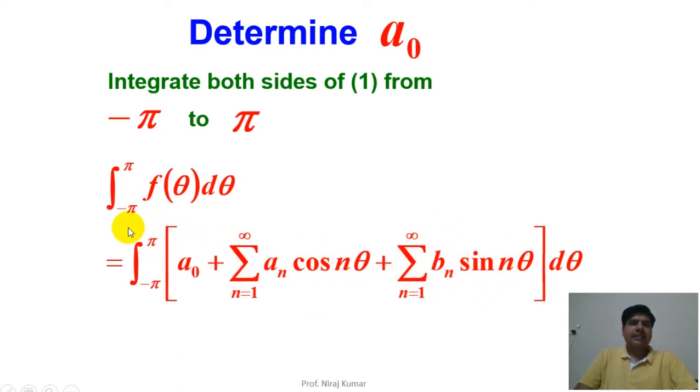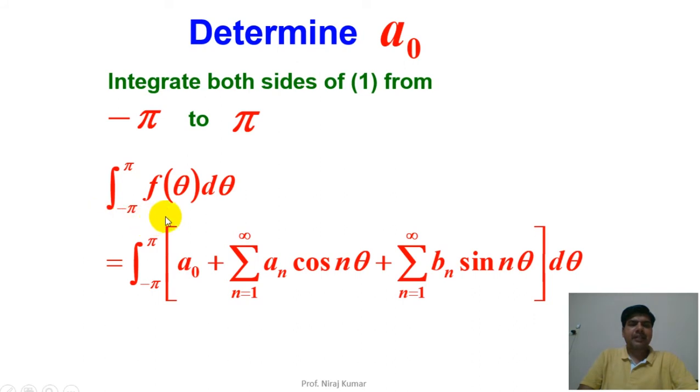Now we will integrate both sides from minus pi to pi. This is a pure cos function, so the integration from minus pi to pi is going to be 0 for all values of n. Similarly, integration of a sine function will be 0 for all values of n.